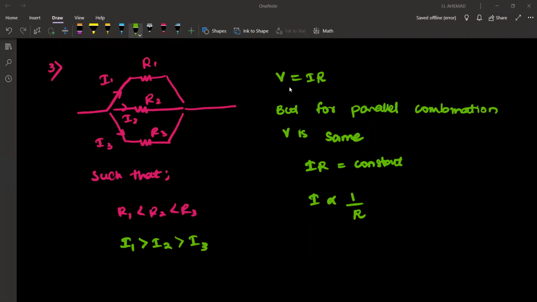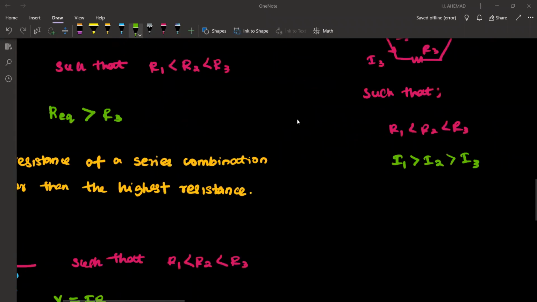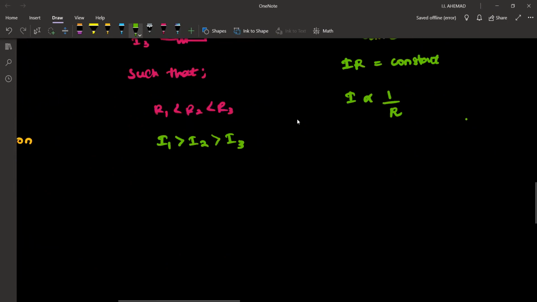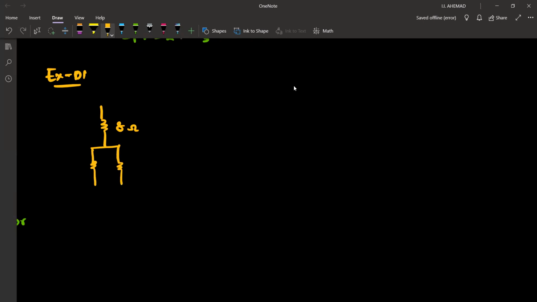Okay, Shahama, clear? So shall we try some examples? Example 1. Eight ohms, 6 ohm and 3 ohm.